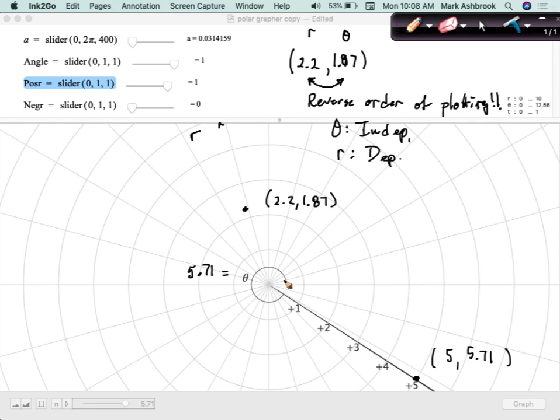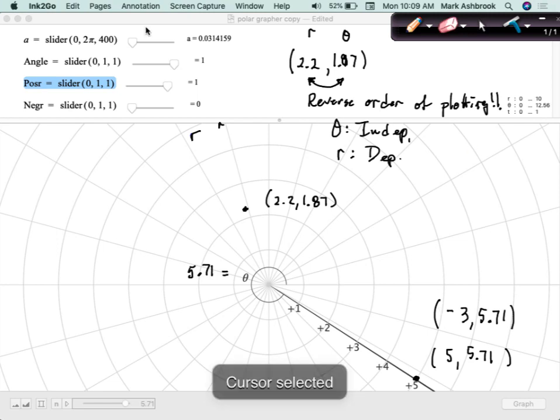Okay, so what if I swept this angle measure, and then I had a negative r? What would that be? So if I said negative 3, comma 5.71, where would that be? This is what gets tricky. So 5.71 means sweep 5.71 radians down in the fourth quadrant, and we're pointing down this way, right? So what would a negative 3 for r mean?